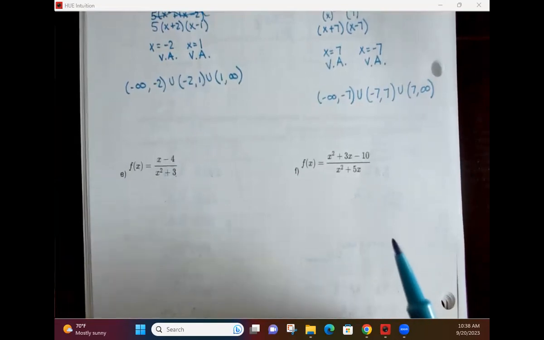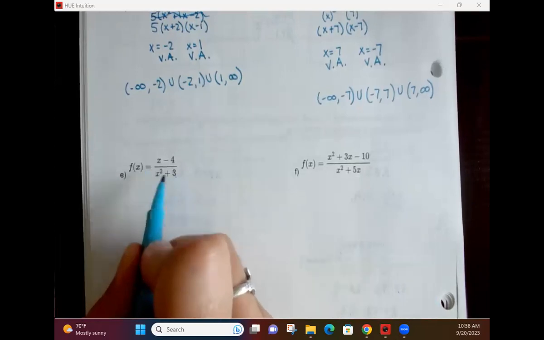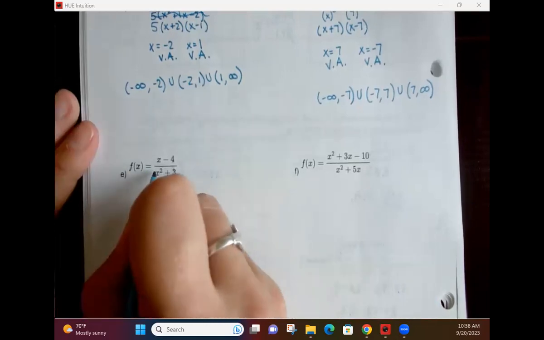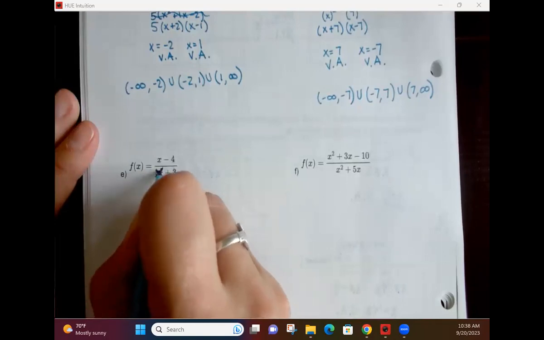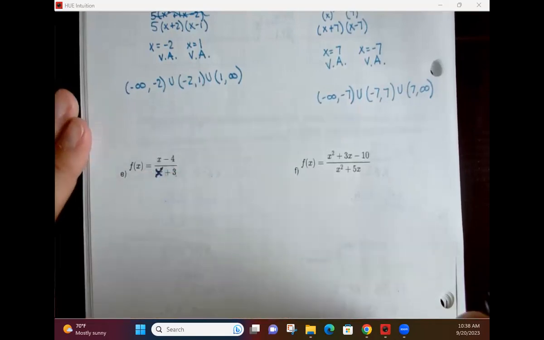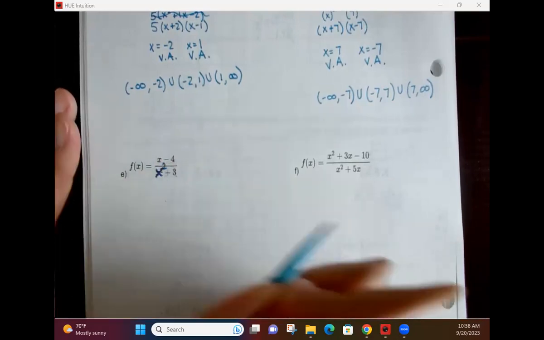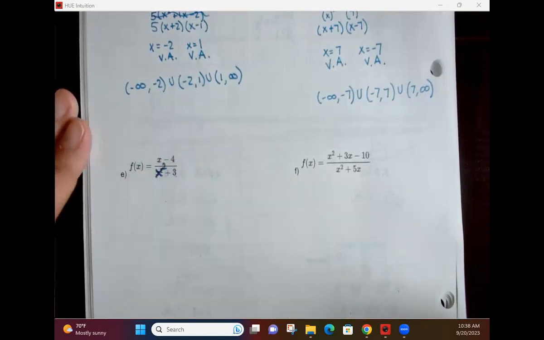Are there values I need to exclude from the domain? What would I need to exclude here? Is there anything that I can square? Let's pretend this was just x for a second. If it were just x, what would we need to exclude? Negative 3. But since it's squared, what happens if I plug in negative 3?